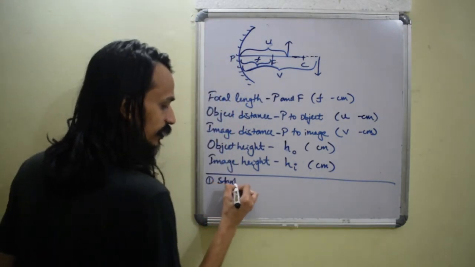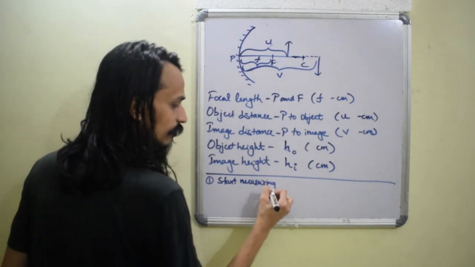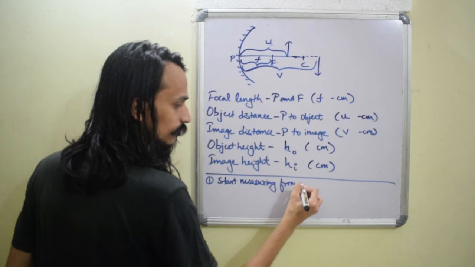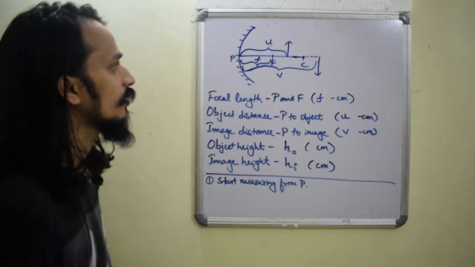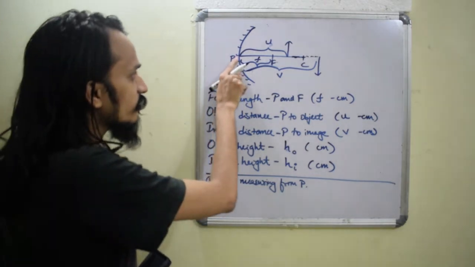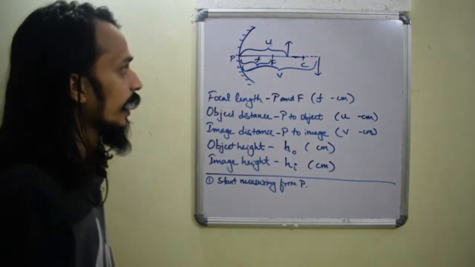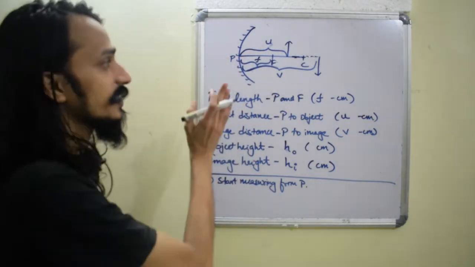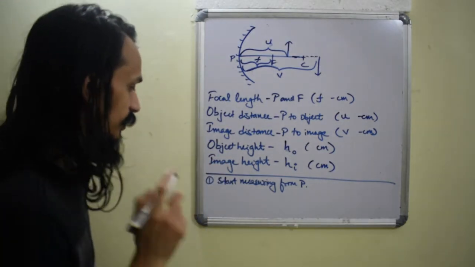So we say simply, start measuring from P. Meaning if I want to find focal length, I'll say it starts from here, ends here. I'll not say starts from here and ends here. It might not make a difference like this, but when used with the second rule, it will make a lot of sense. I'll tell you why.